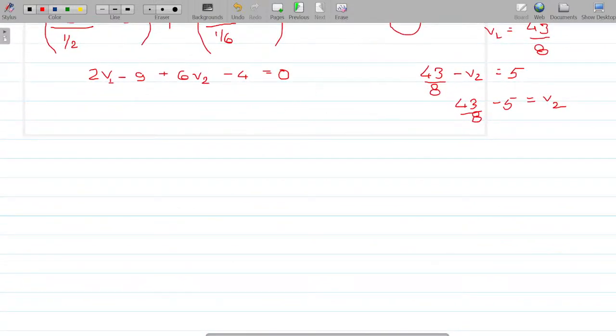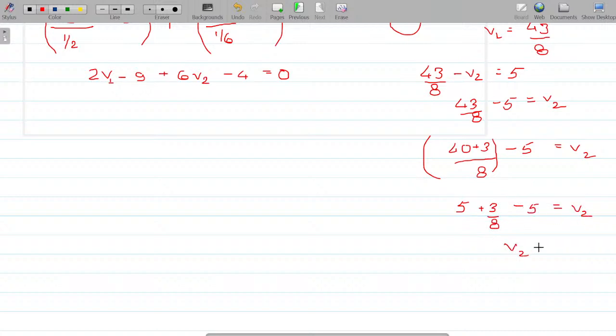Tell me, how do you signify this in our simple fractions? Can I write it as 40 plus 3 divided by 8 minus 5 is equal to V2, right? What is 40 divided by 8? Is it 5? Plus 3 by 8 minus 5 is equal to V2. You have your V2 to be 3 by 8 volts. So these are your answers.